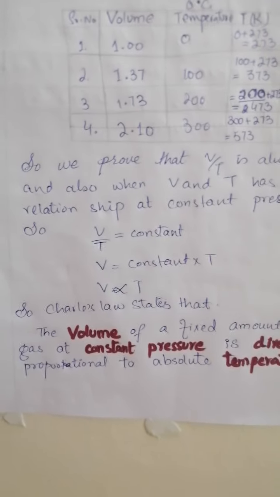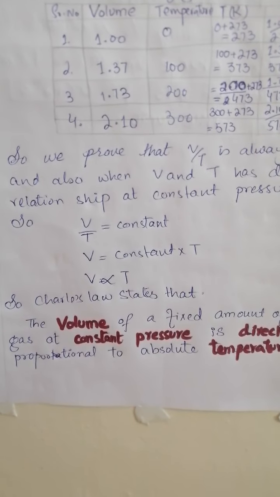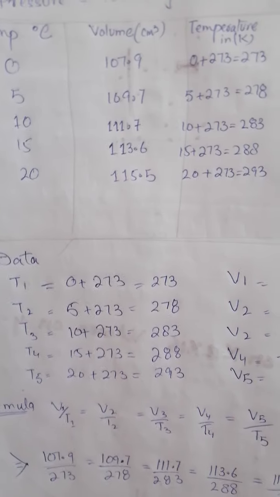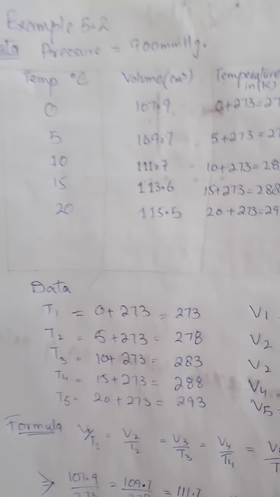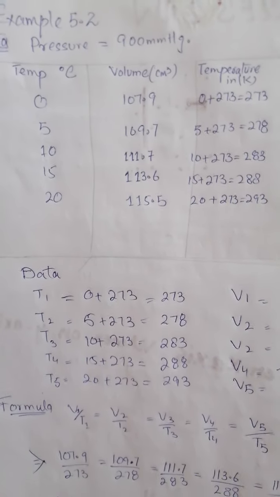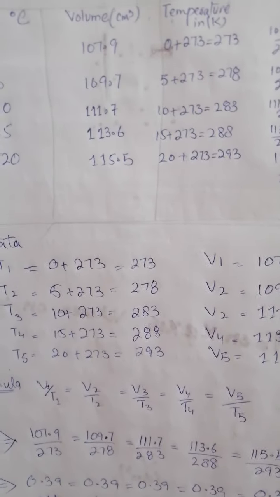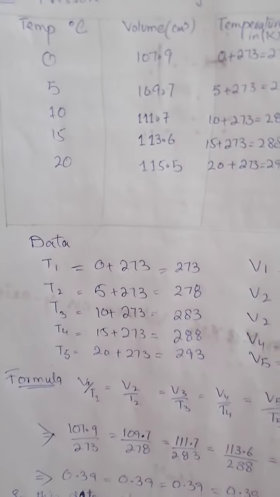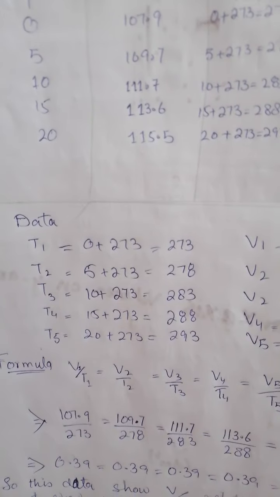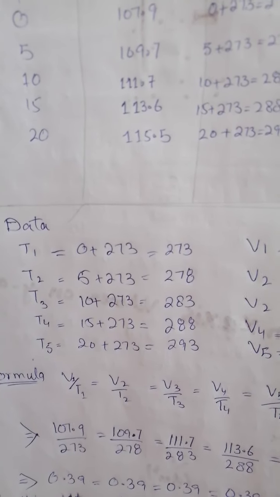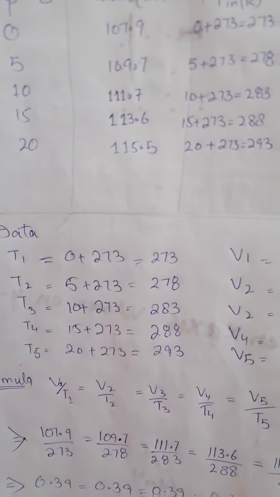Let's see an example to make it clearer. Before going to the example, I hope you all understood Charles' law: what is Charles' law and how Charles proved that temperature and volume have a direct relationship.